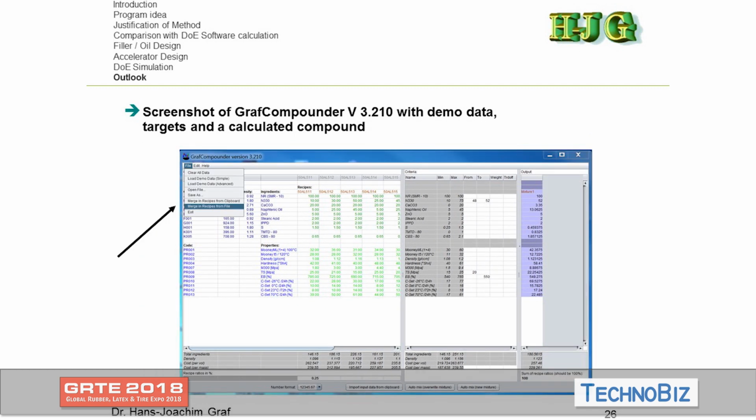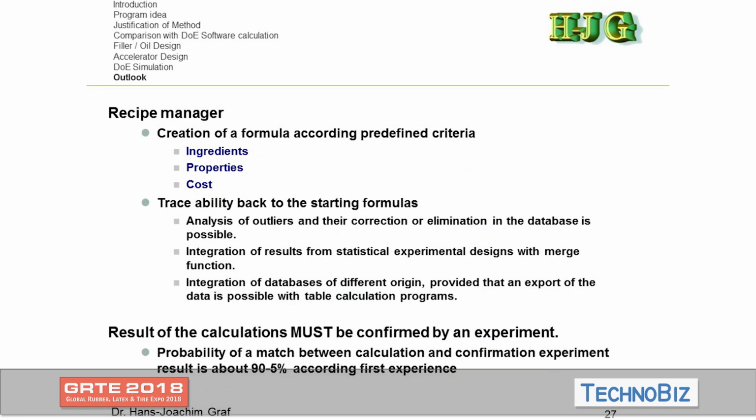And then when you do that, you have here a button to merge different files, that are very nicely organized. So what we have is a creation of formula according to predefined criteria, either ingredients, properties, or cost. We have a traceability back.